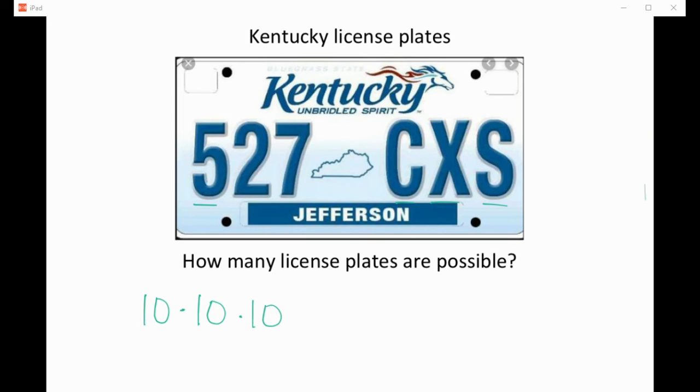For the letters, well, there's 26 letters in the alphabet, but fun fact, they don't use the letter O in license plates because it looks exactly like 0. So for each space where a letter goes, there's 25 different options. So you'd multiply by 25 for each of those, which I don't know what that is.